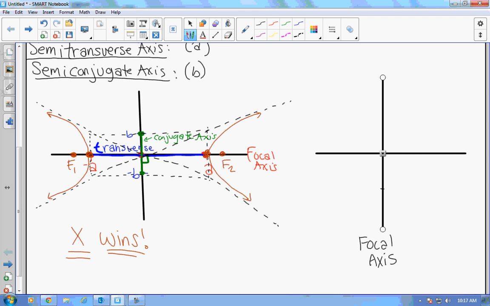If I put A, negative A down here, and positive A up here, we get our semi-transverse axis from the center. Extending to A is the semi-transverse, and the whole thing is the transverse axis.